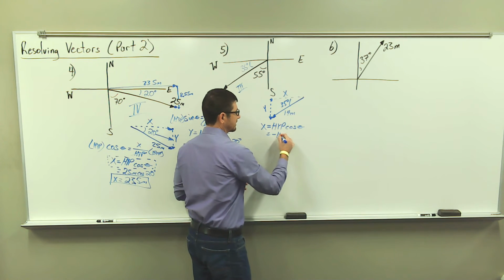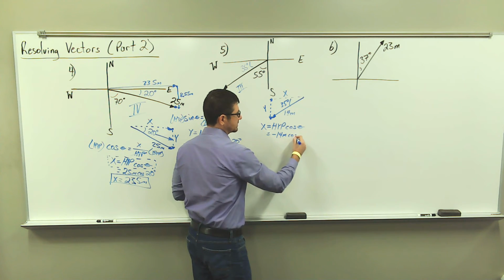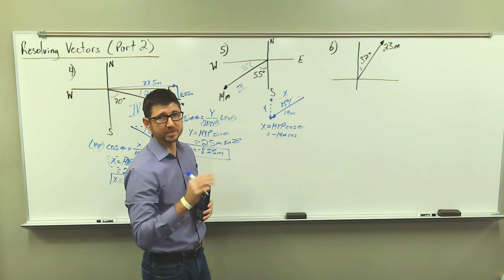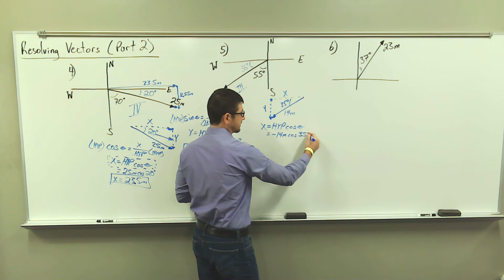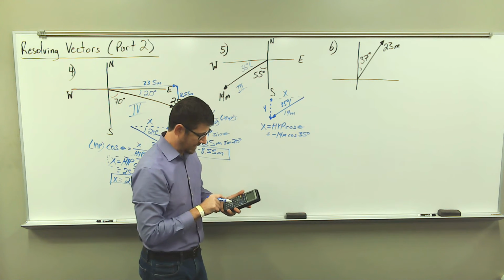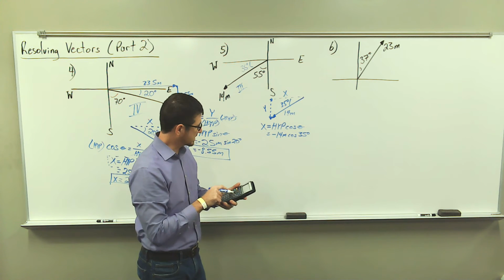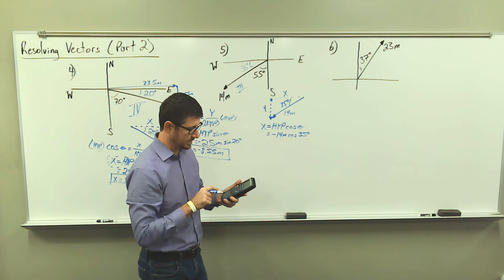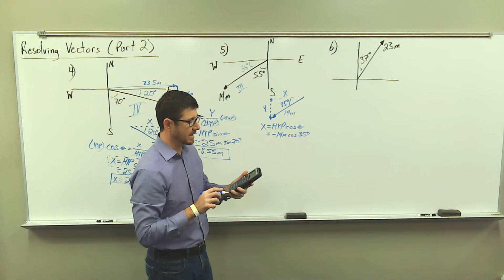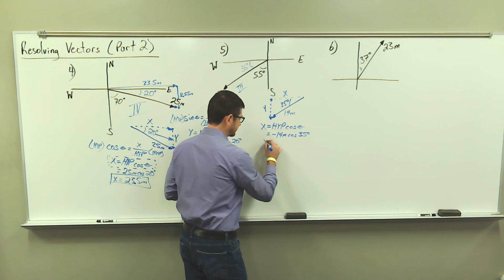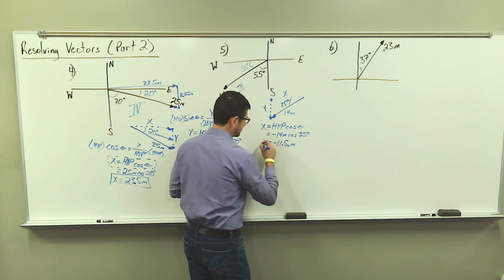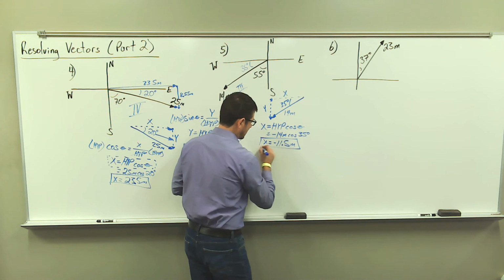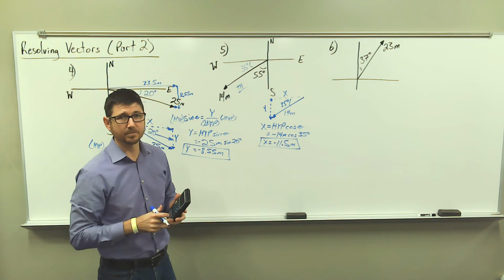So we're going to say negative 14 meters times cosine of theta, which is our reference angle, 35 degrees. On your calculator, negative 14 times cosine of 35 degrees, we get negative 11.5 meters. Okay, that is our x component.